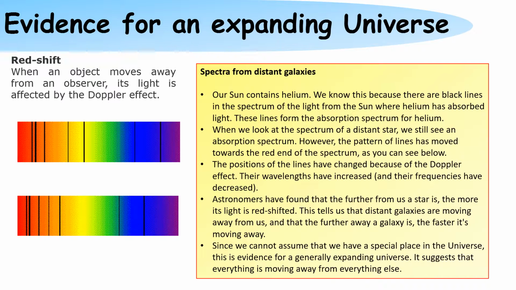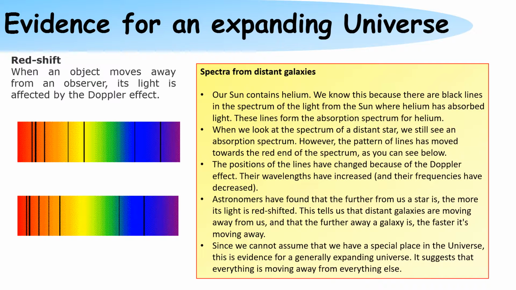When we look at spectra from a distant star, we still see an absorption spectrum. However, the pattern of the lines has moved towards the red end of the spectrum, as you can see in the lower picture. The positions of the lines have changed because of the Doppler effect. Their wavelengths have increased as they've been stretched out because they're travelling from a star that's moving away from us.